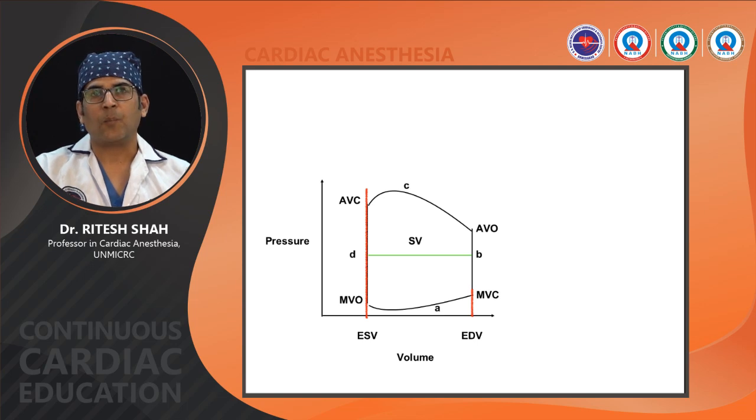And the C point, the peak of the pressure, is the systolic blood pressure. So systolic minus diastolic gives us the pulse pressure also from this loop. When the mitral valve opens, it is usually the LA pressure. So we can get different pressures as well as different volumes from these PV loops.